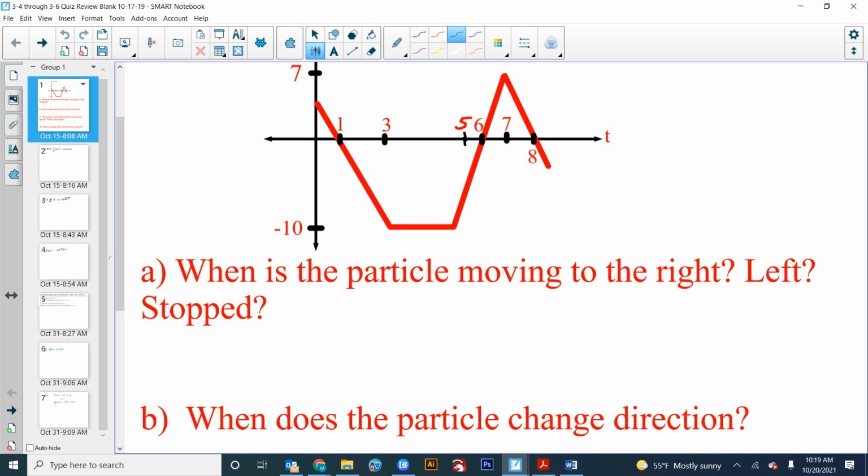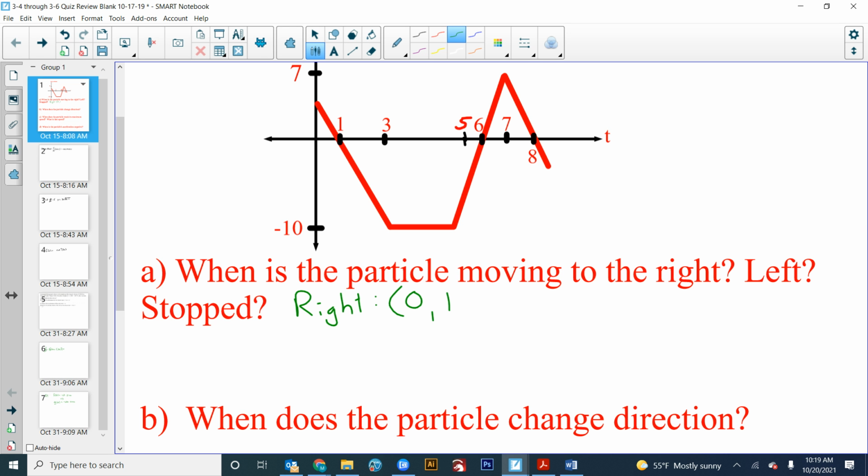Gavin, when is Parker moving to the right? It's moving to the right between 0 and 1 seconds and 6 to 8 seconds. How'd you write that? Inequality notation or bracket parenthesis notation? Bracket parentheses. So you wrote moving right, 0 to 1.